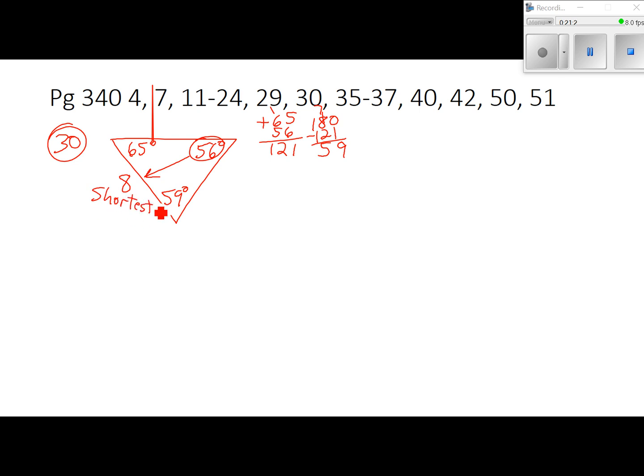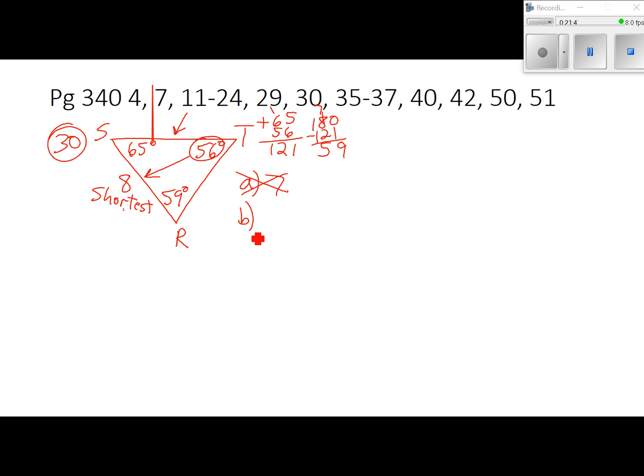So 8 has to be the shortest. So when we look at A, B, and C, A is 7. Well, we're looking for ST. I should have labeled this. That's S, T, and R. So we're looking for this side right here. Well, it can't be 7 because it can't be shorter than 8.